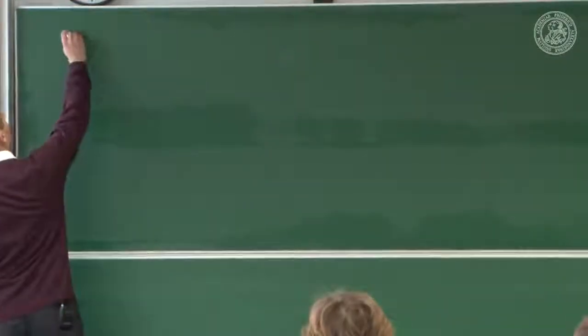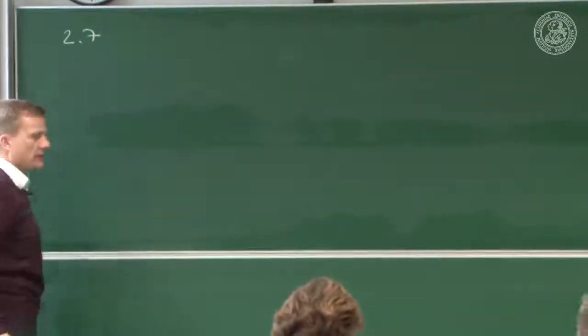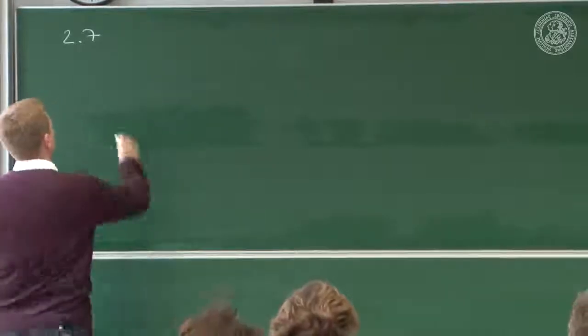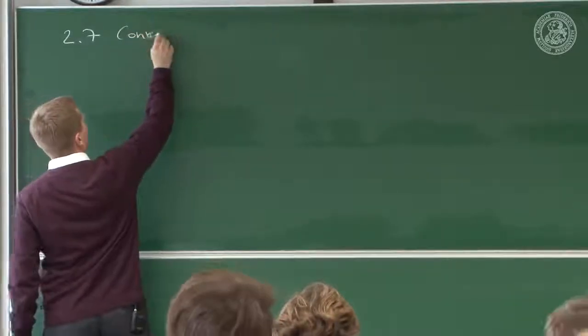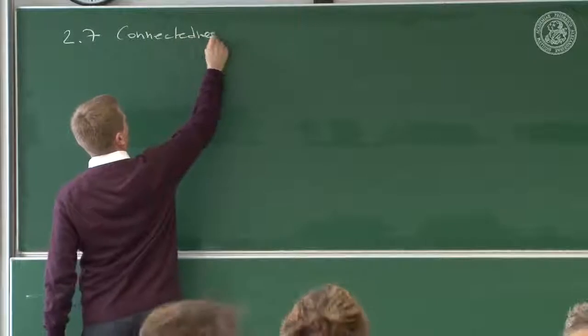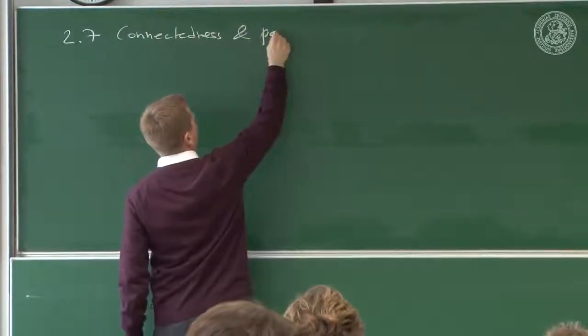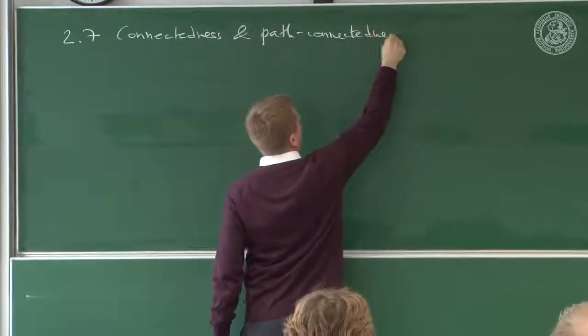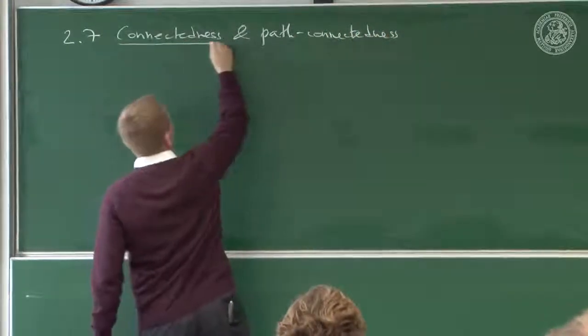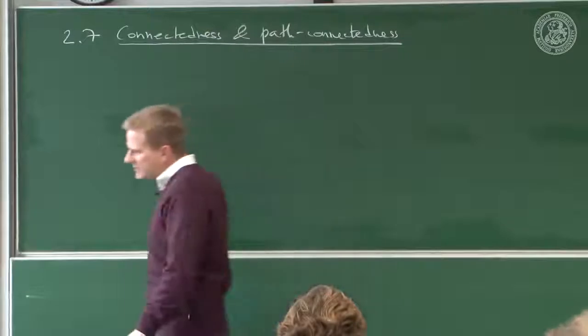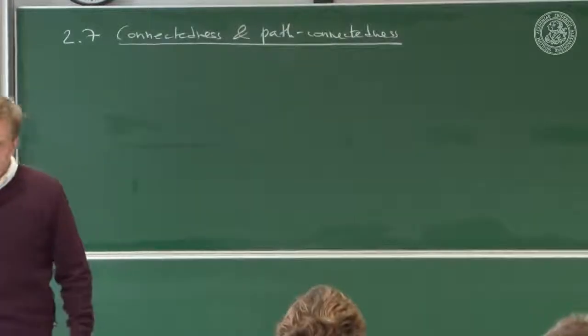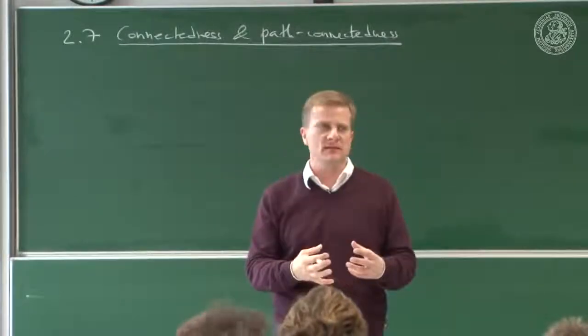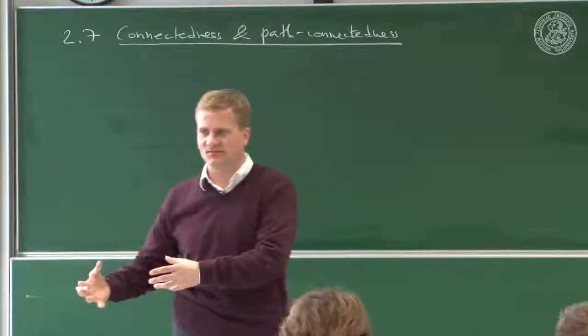So the next two topological notions we're going to look at are connectedness and path connectedness. And they're very useful indeed because they tell us whether a space consists of one piece or several pieces.